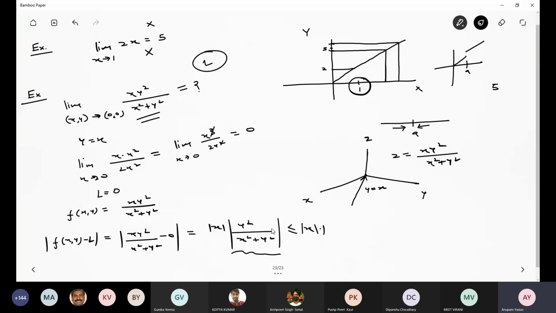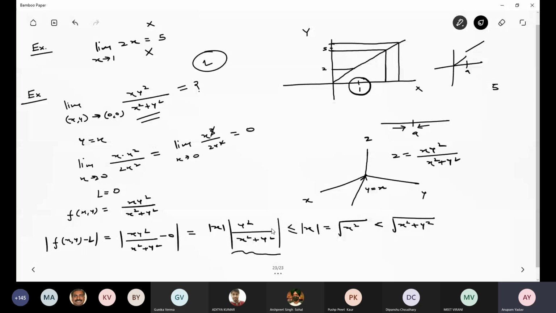Or simply we can skip the 1, there is no issue, mod x, and then this is equal to mod x, we can write under root x square. Now if I add some quantity inside this square root, then definitely the inequality will be less than, and suppose I am adding y square to x square.